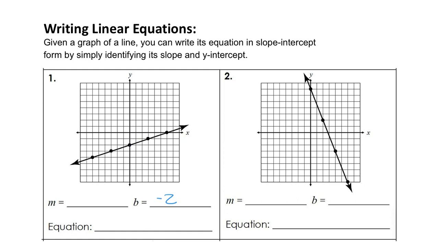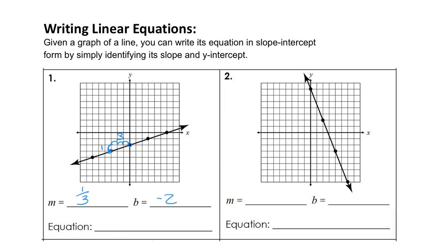Now my slope. I know slope is rise over run if I'm looking at a graph. So from this point here to this point here, I rise 1, and then I go over 1, 2, 3. So rise over run, 1 over 3 is my slope.